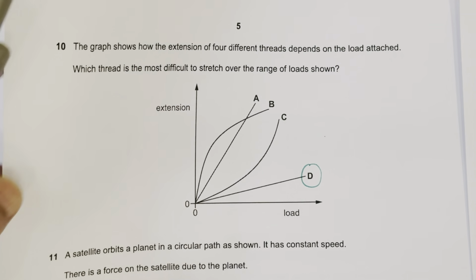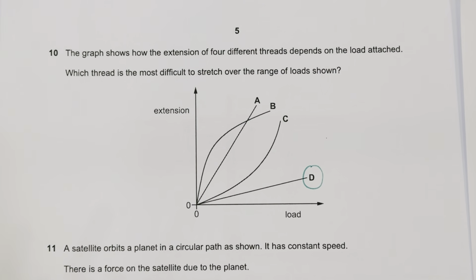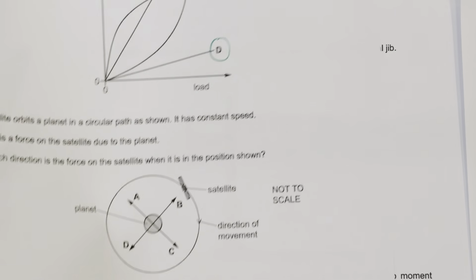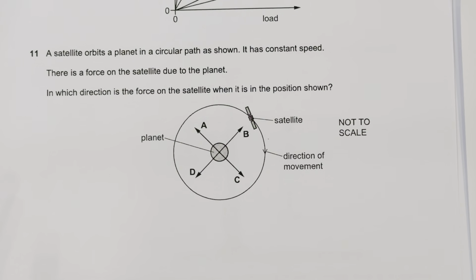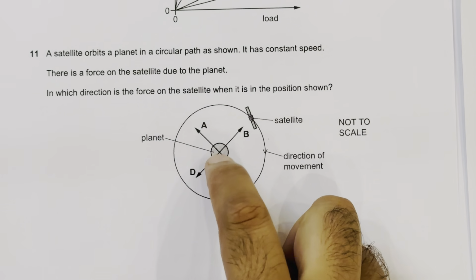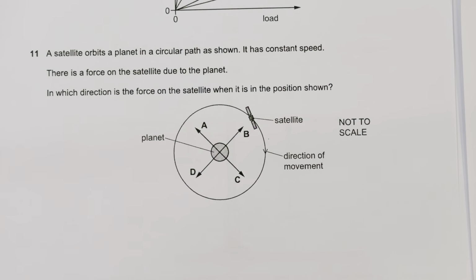Moving to question number 11. A satellite orbits a planet in a circular path. This is a very tricky question. It has constant speed. There is a force on the satellite due to the Earth. The force should be towards the center, and there is no force showing towards the center. In which direction is the force on the satellite when it is in the position shown?